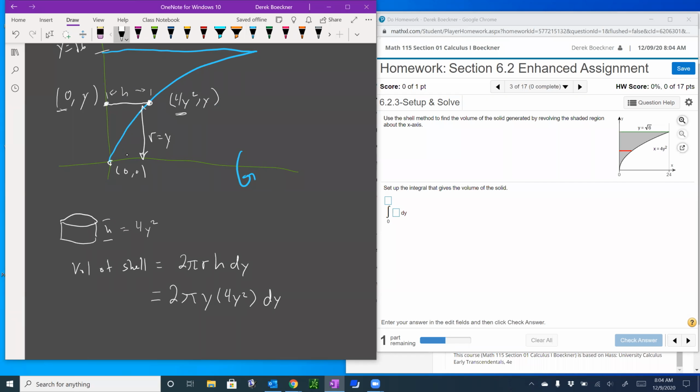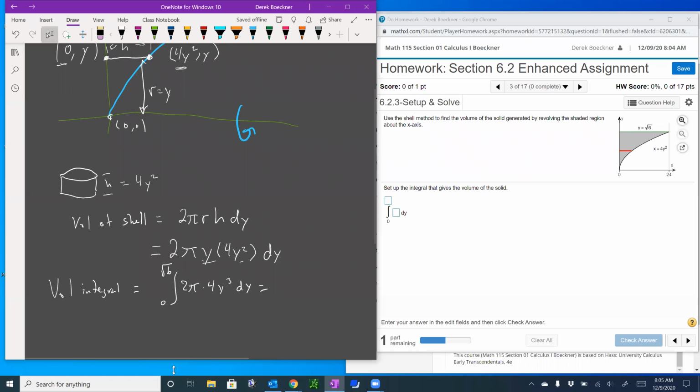And then the volume of the whole thing will be the integral from 0, and then I go up to the square root of 6 because that's the last place I get one of these shells. And then I put in the 2 pi times 4y cubed dy.